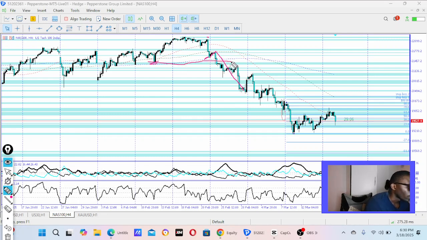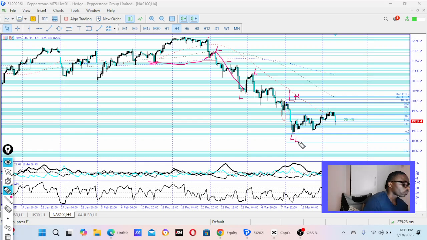You understand this was our lower high, this was our lower low. Price continued this downtrend, making lower highs and lower lows. This is our recent lower high on H4. This is all last week. So this is our lower low.